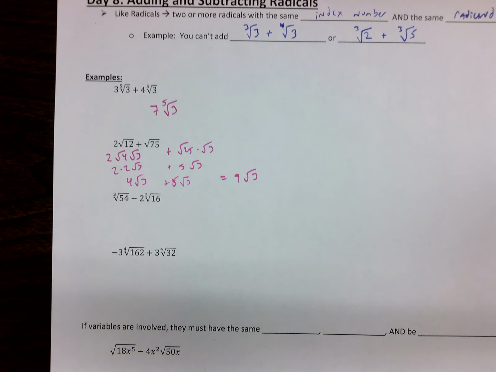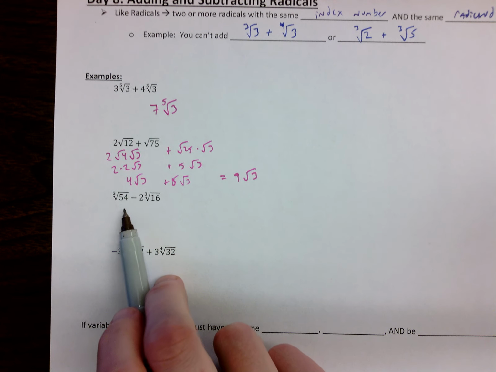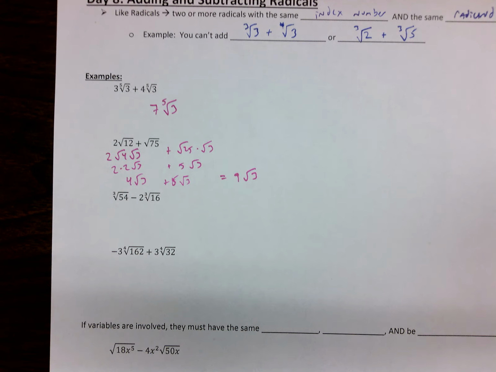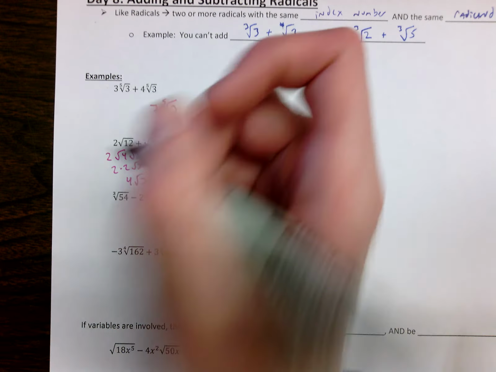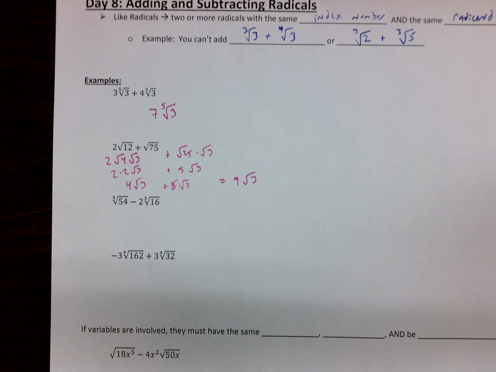This guy right here, same index number, but different radicand. So we're going to start by simplifying this. So I'm looking for a number that is a perfect cube that evenly goes into 54. So let's see, 8 would work, right? So I can break this down into, let's see, the cube root of 8.